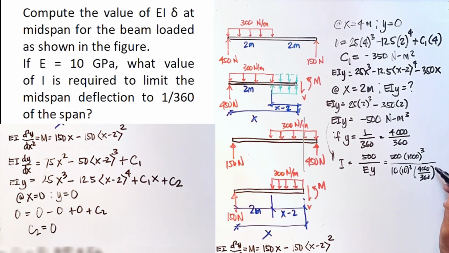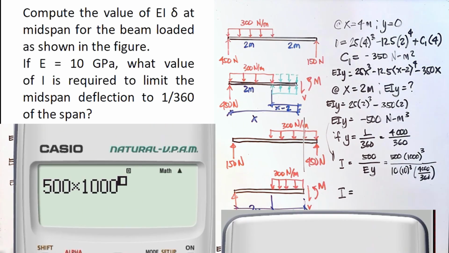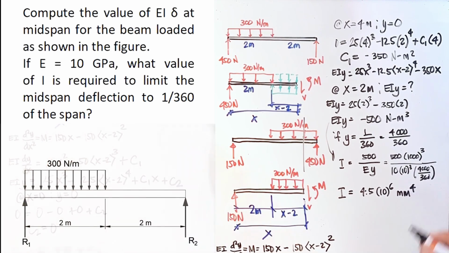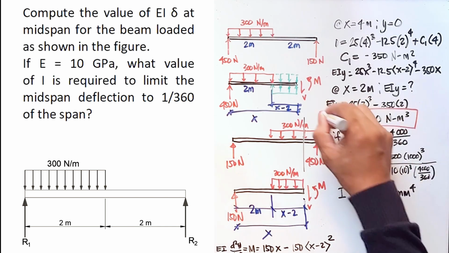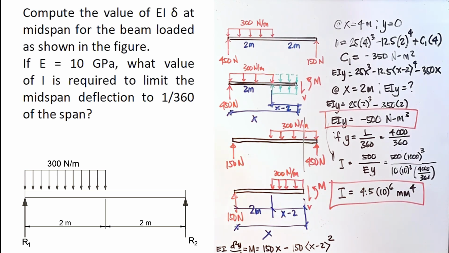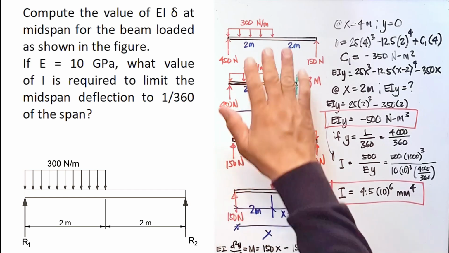So our unit should be millimeter to the fourth power. I equals 4.5 times 10 to the 6 mm to the fourth power. So our answers are this and this. That should be the same whether we flip or mirror the beam or not.